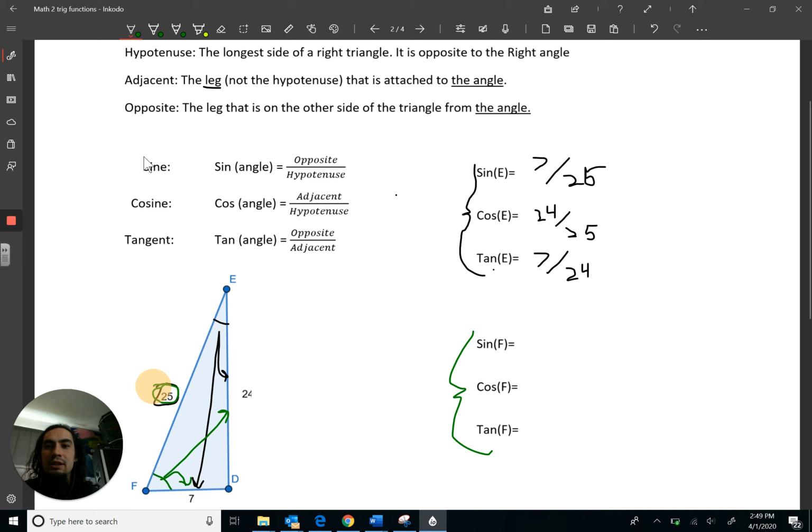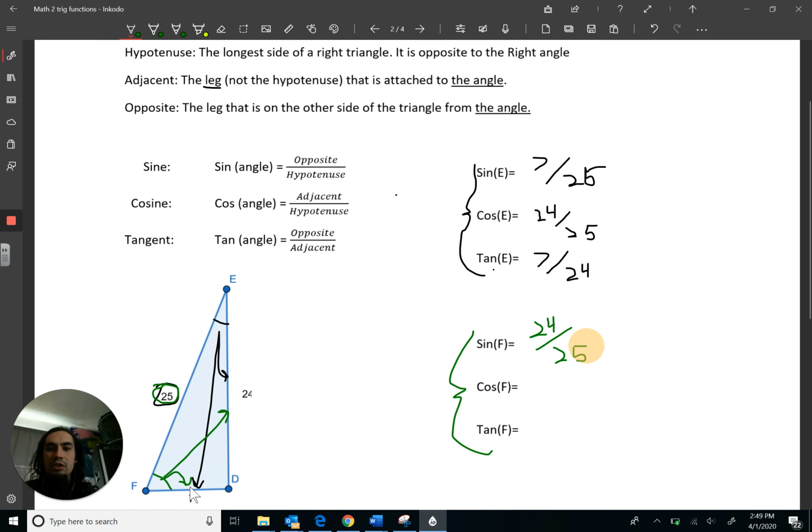Sine of F. Sine is opposite over hypotenuse. So we go opposite, 24, divided by the hypotenuse, which is 25. Great. Hopefully you guys are all getting the hang of this. I can't see you, but let me know how you're doing, please.